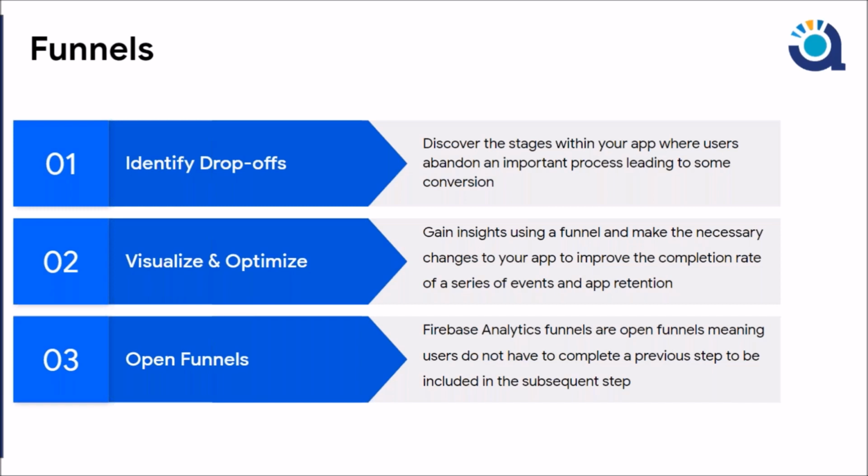I am an e-commerce company, and I wanted to identify if people are actually following my e-commerce funnel, all the way starting from a product impression to product click to adding it to cart and actually purchasing. I want to identify where the people are actually dropping off. What I can do is create a funnel in Firebase Analytics and gain insights into which particular points I am losing most of the users, and I can actually work on that. I can optimize that.